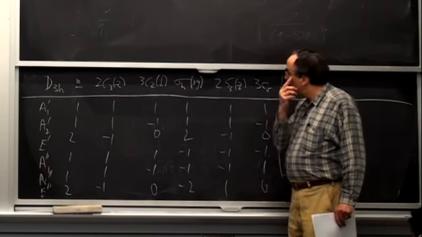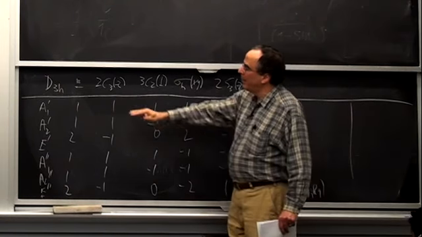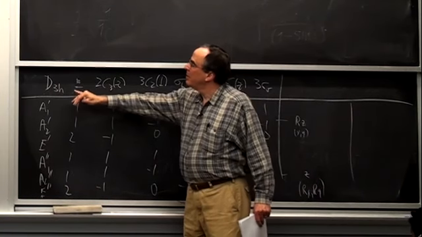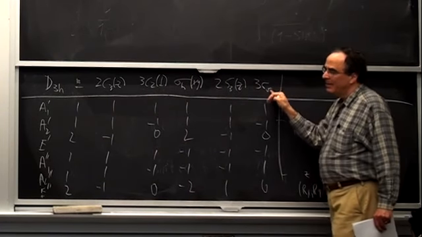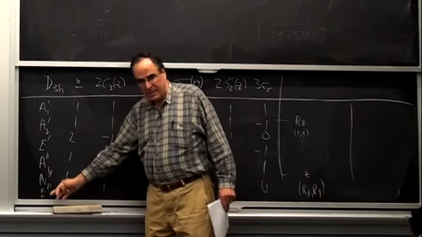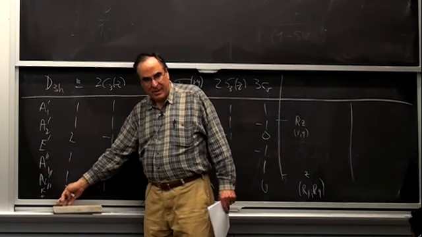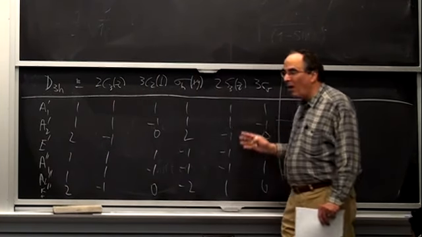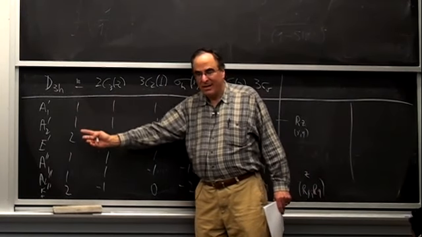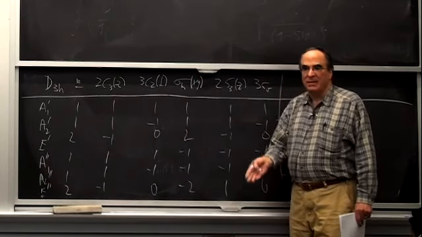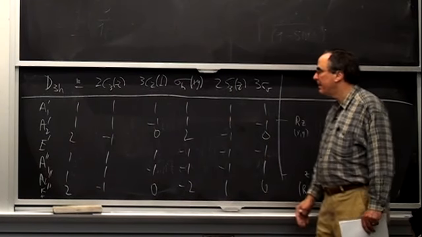And so there are 1, 2, 3, 4, 5, 6 classes, and these are the irreducible representations, and there are 6 of them. The character tables are always square when they're arranged according to classes. There's the same number of classes as there are irreducible representations.